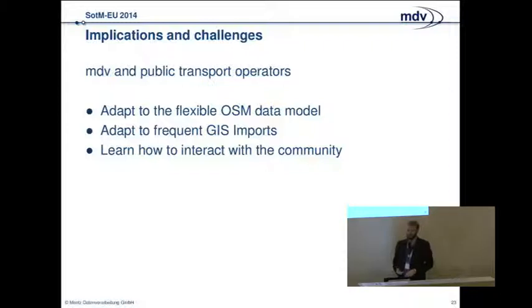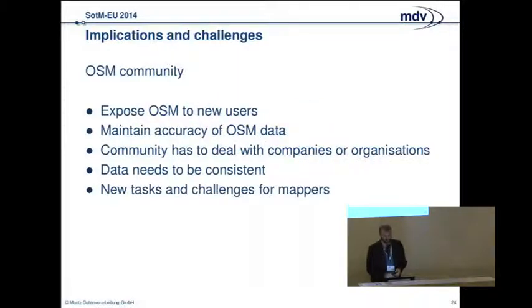So this is also a thing that has to be addressed by them because they haven't had to do that until now. But I think I also tried to find some of the challenges and implications for the OpenStreetMap community, and I'm happy to discuss this afterwards and getting more input on this.